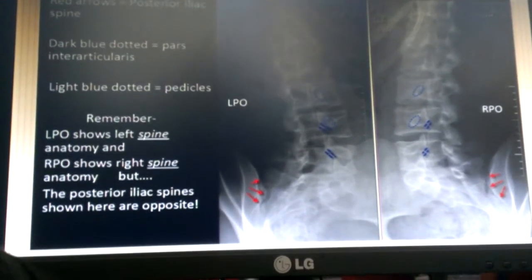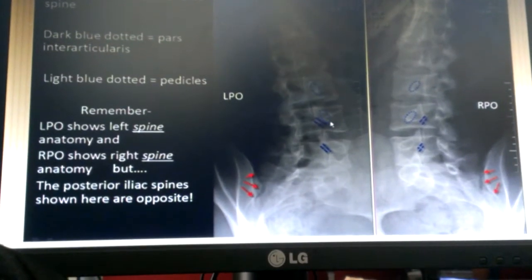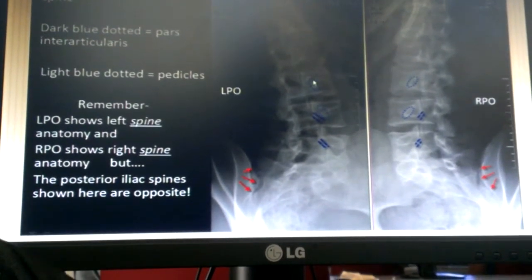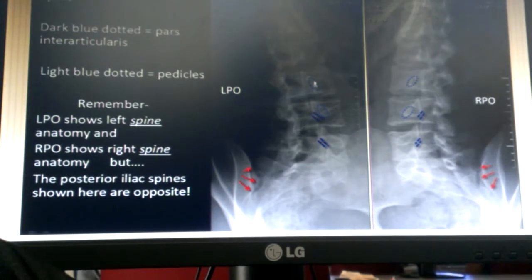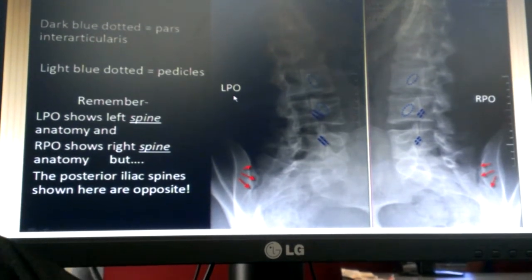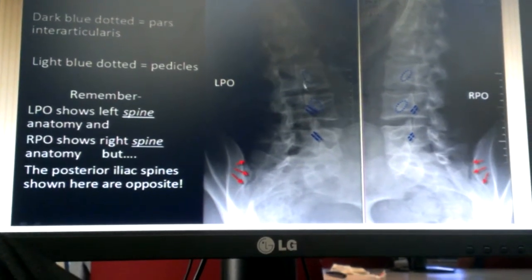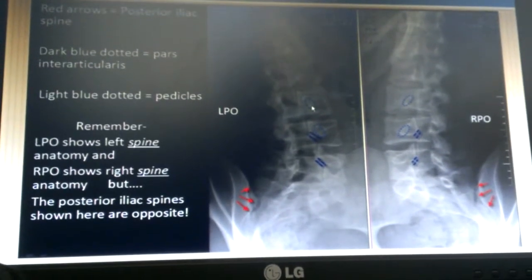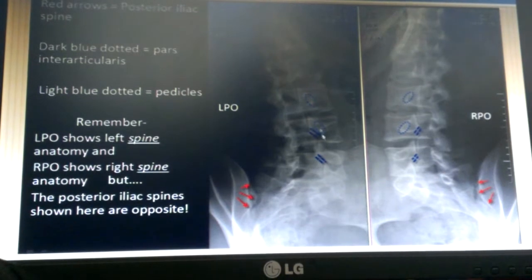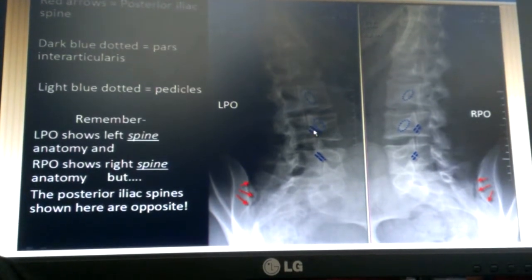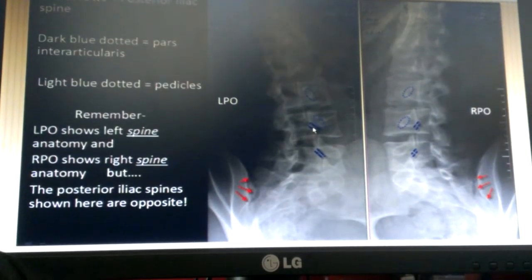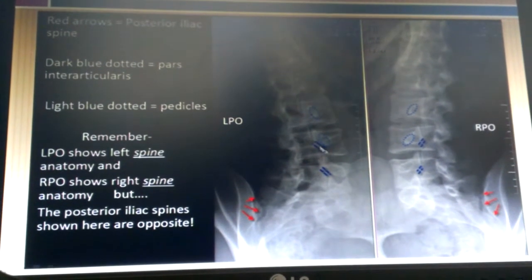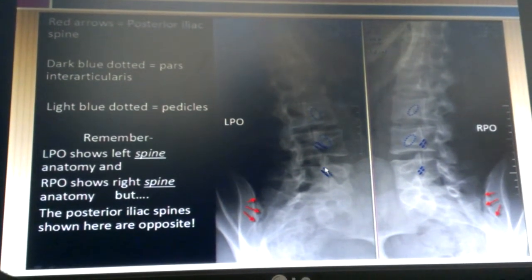So if this is a left posterior oblique, the Scotty dog that we're identifying here has to be the left Scotty dog. Okay, so this is the eye of the Scotty dog, which is the question that was on the quiz. This would represent the neck, right? So this would have to be the left pars, right?